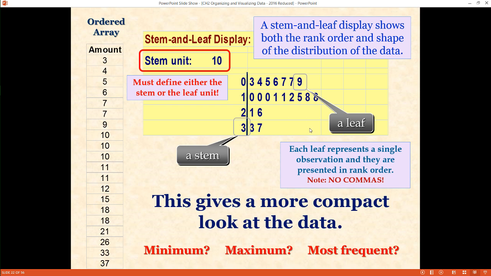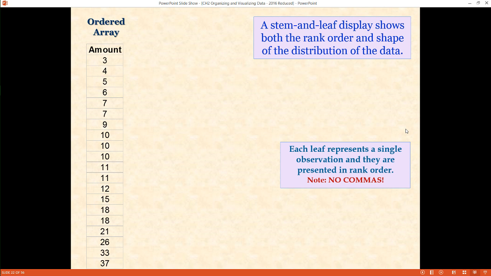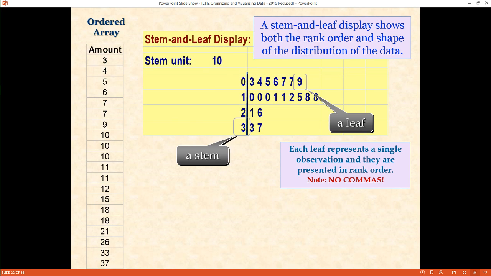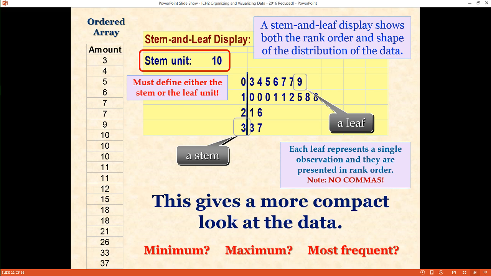So what about this? Well, you tell me, what's the minimum here? Same data we looked at here, right? So what's the minimum? $3, right? First leaf. This has to be in order. That's why we need the ordered array first before we ever make the stem and leaf.